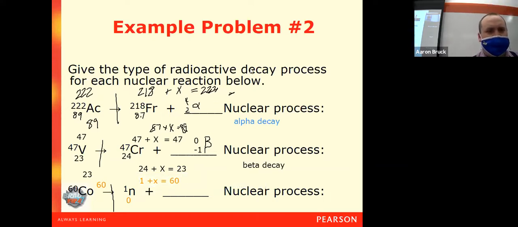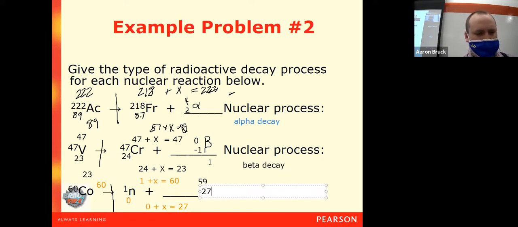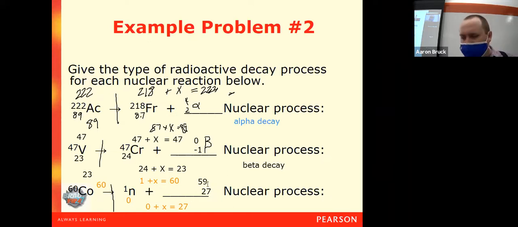So we're dealing with a 59 here. Or excuse me, 0 plus x is equal to 27. So we've got a 27 here. Element number 27 on the periodic table is cobalt.